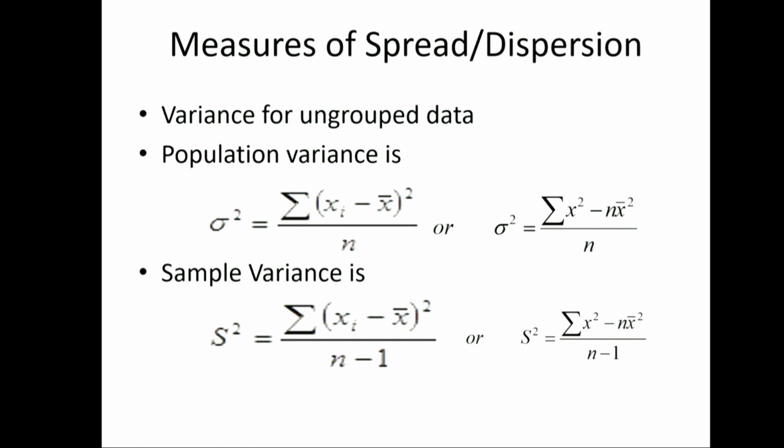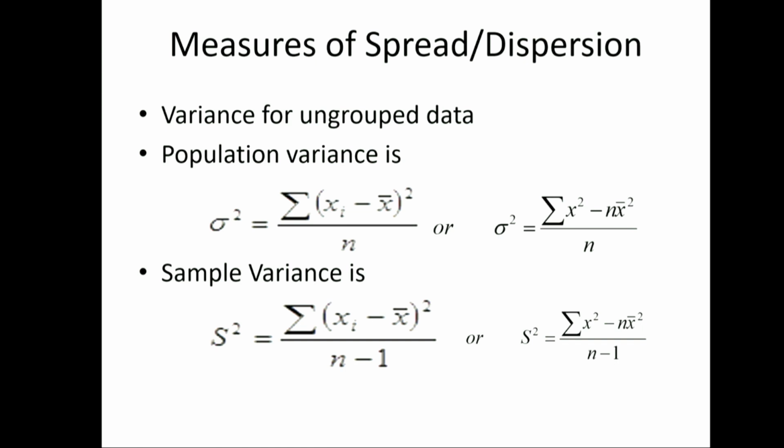Or, in a better form, you can simplify it further as the sum of xi squared minus N x bar squared, then everything divided by N. We are going to achieve the same thing.